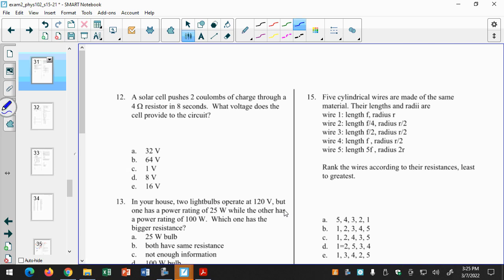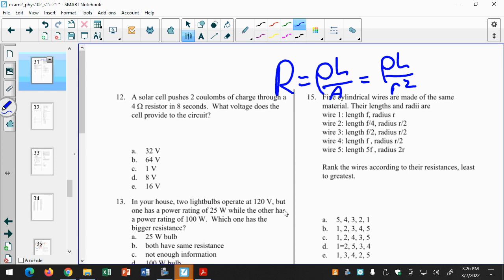Okay, so 5 cylindrical wires are made of the same material. Their lengths and radii are given like this. Rank the wires according to their resistances. Well, first of all, R is equal to rho L over A, so R is equal to rho L over r squared. That's the radius squared.